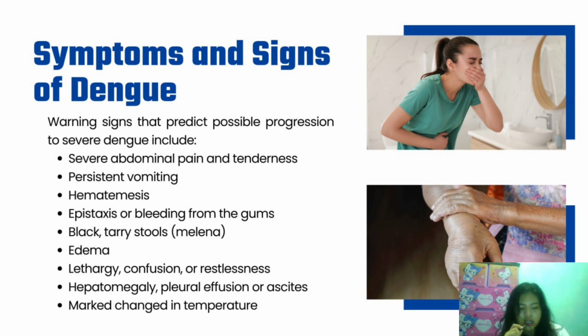So, for additional info po pala, meron po tayong 3 stages po ng dengue hemorrhagic fever. The first one is the invasive stage. It usually occurs po during the first 4 days po ng DHF. So, the client may experience fever as the invasive stage abruptly happens.